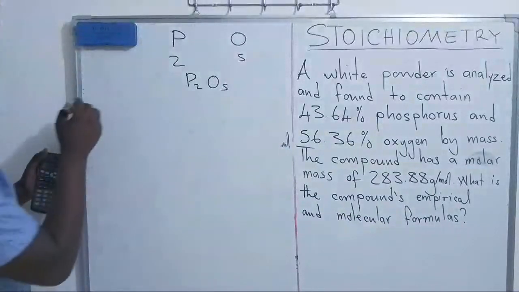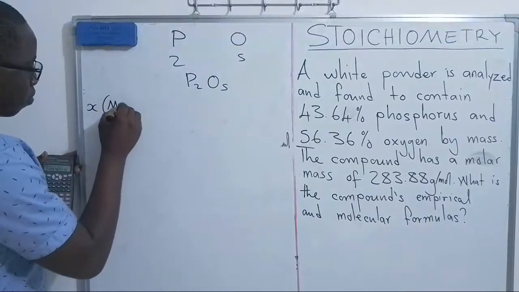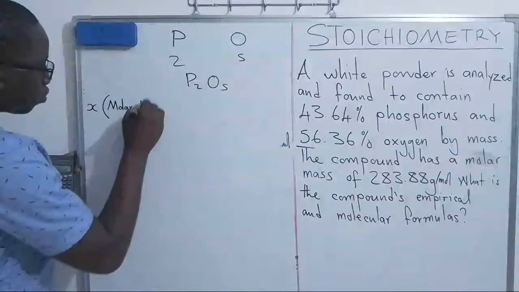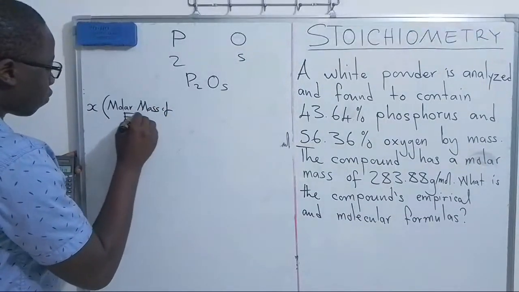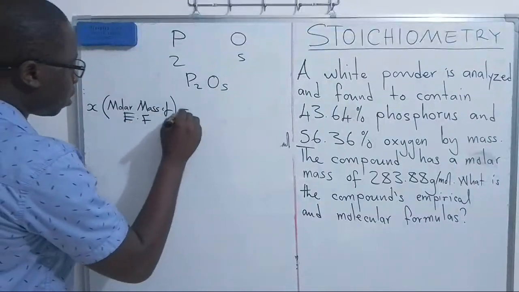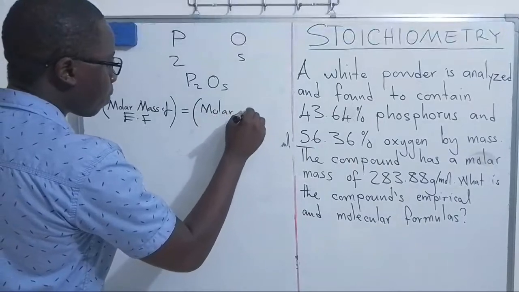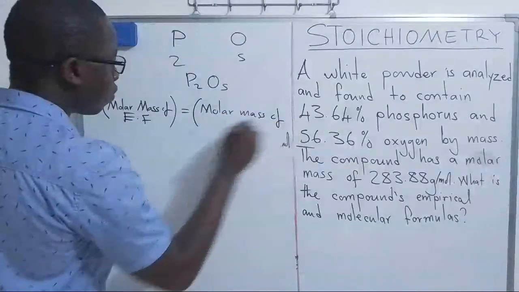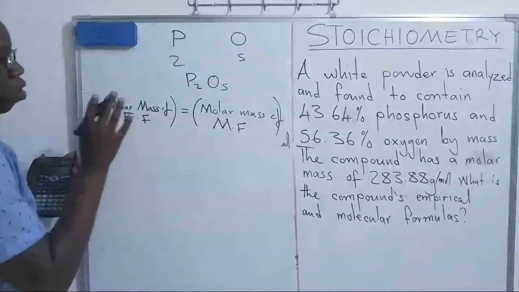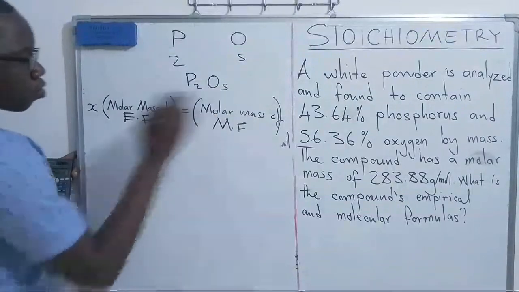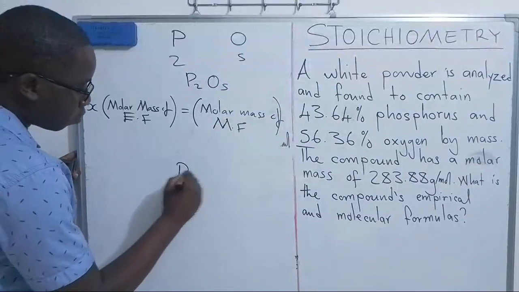There is a relationship that X multiplied by the molar mass of the empirical formula should be equal to the molar mass of the molecular formula. The empirical formula that we have is P2O5.